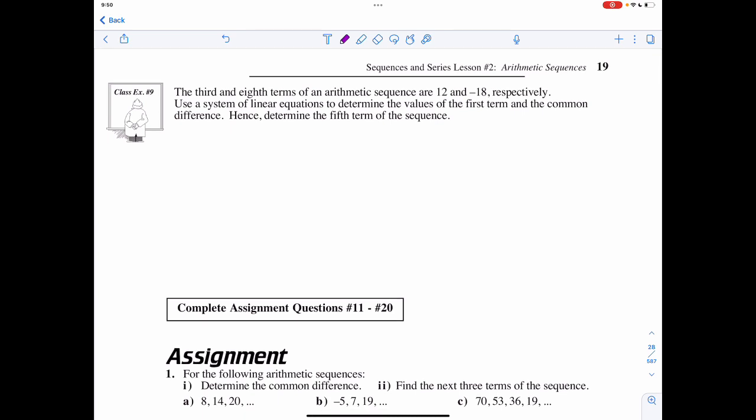So if it says the third and eighth term of an arithmetic sequence are this, use a system of linear equations to determine the first and the common difference.